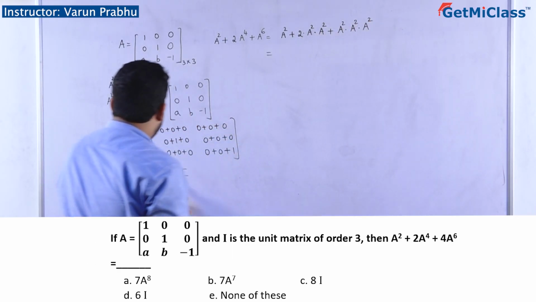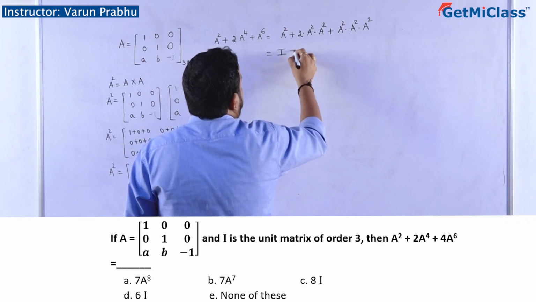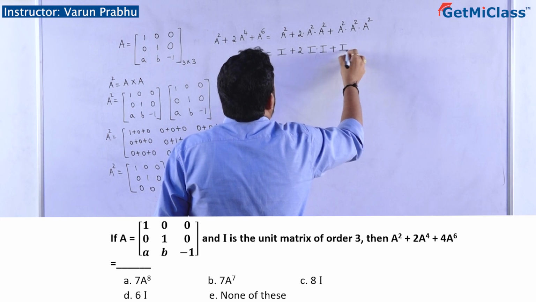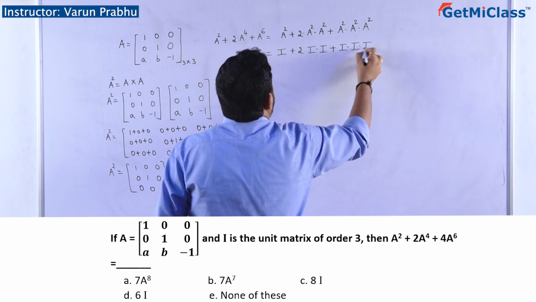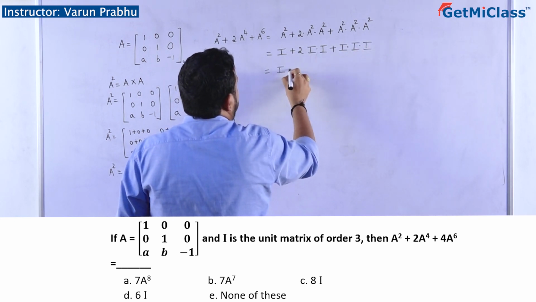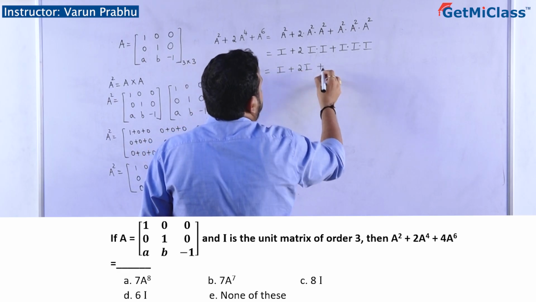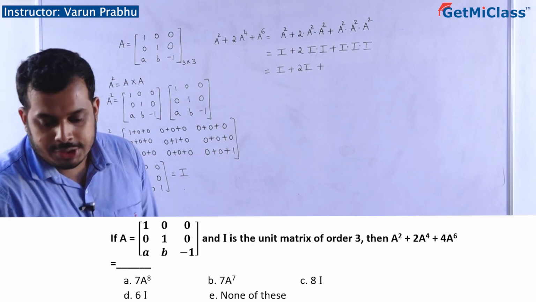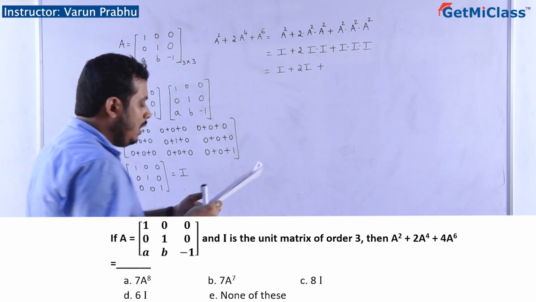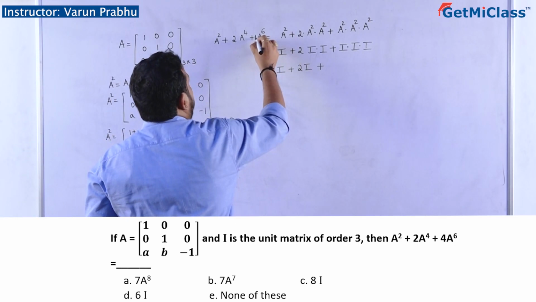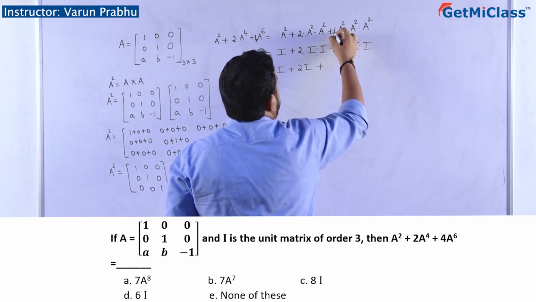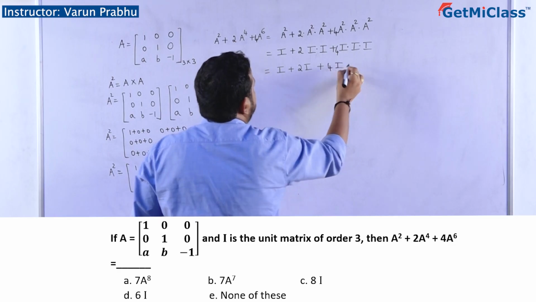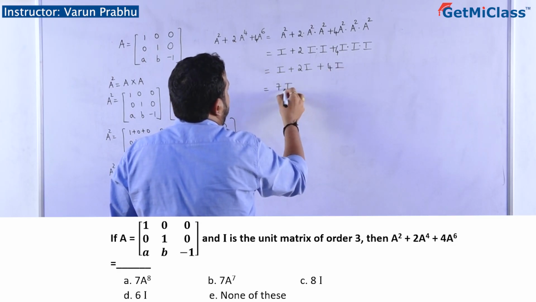Now A square is nothing but I, plus 2 into I into I, plus I into I into I. So this is nothing but I plus 2I plus I plus 2I plus. The question given here is to find out plus 4A power 6, right? Plus 4A power 6, 4. Here there will be 4, 5, 6, 7. Okay. So this is nothing but 7 times I.